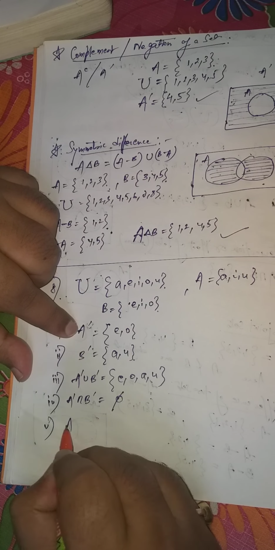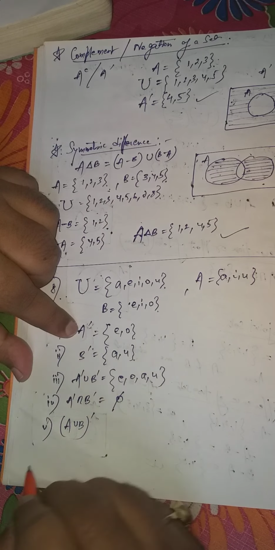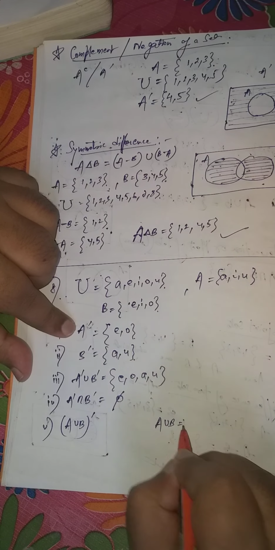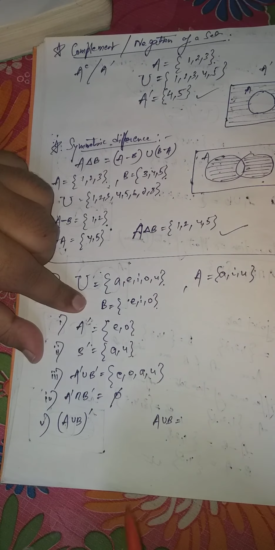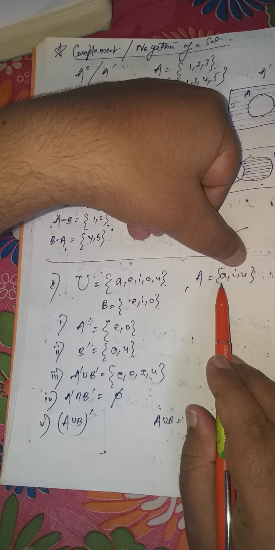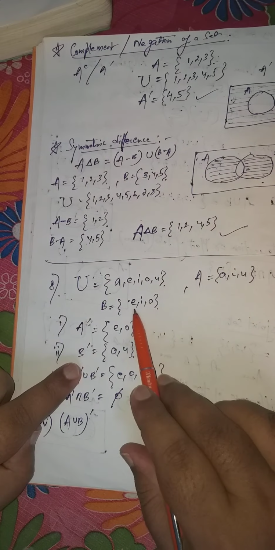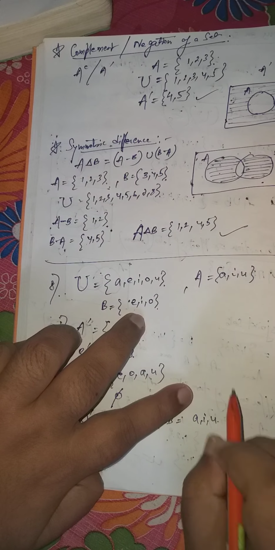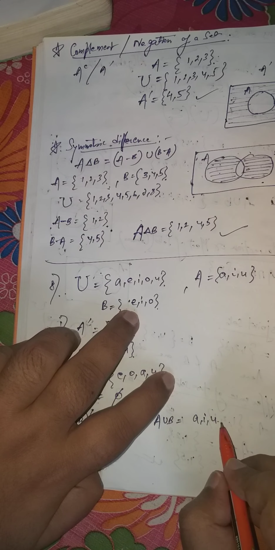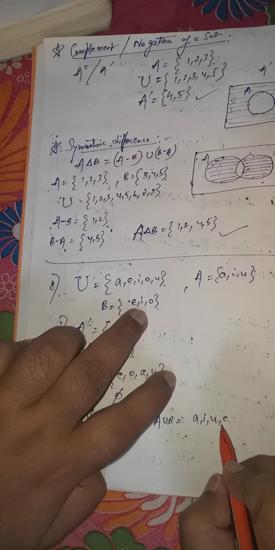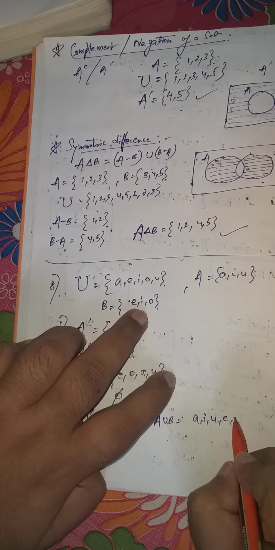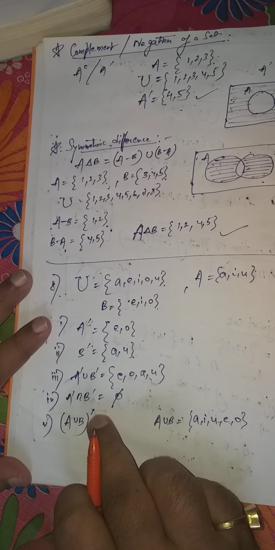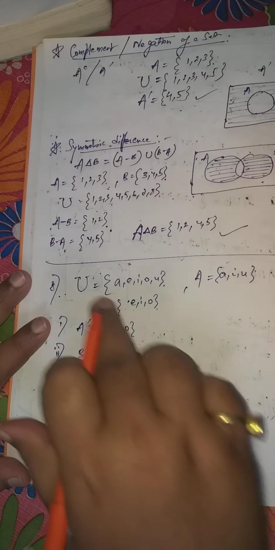After that, A union B whole complement. To find this, first you have to find A union B. A is A, I, U and B is E, I, O. For union, just write down the elements A, I, U, E, and you cannot write I again because you have already taken it, so you write O. And the complement of this: now for complement, you have to compare this set with the universal set.